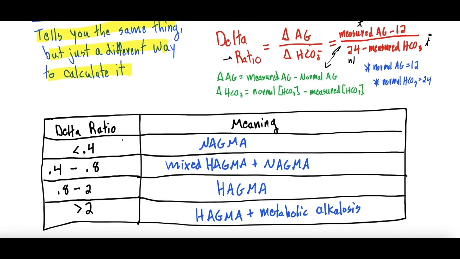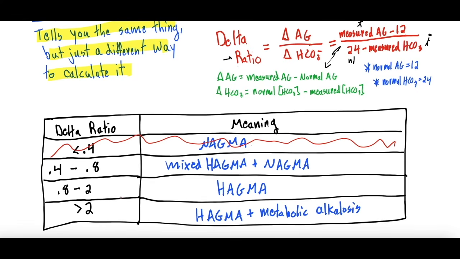So if the ratio is less than 0.4, it means that there's a non-anion gap metabolic acidosis, all right? Which essentially means you didn't need to do the delta ratio in the first place because you should have already known that it was a non-anion gap metabolic acidosis. So, you know, people put this in here, but we tend to cross it out because you shouldn't be doing the delta ratio if it's a non-anion gap metabolic acidosis to start with, because you would just know that based upon your initial anion gap calculation.